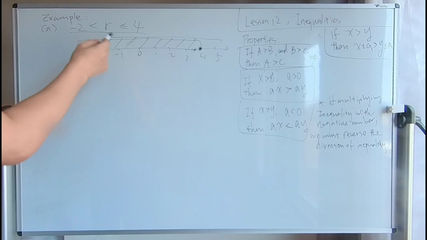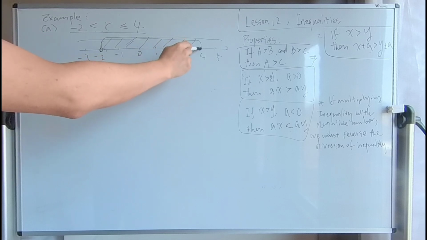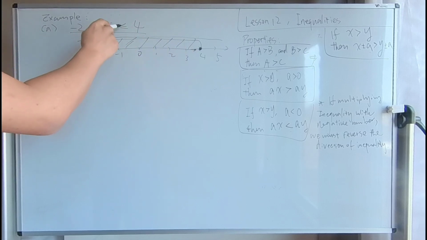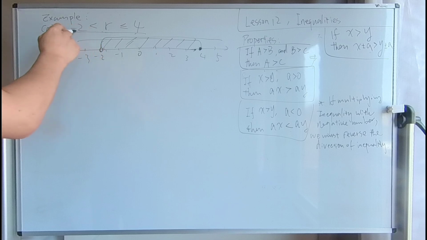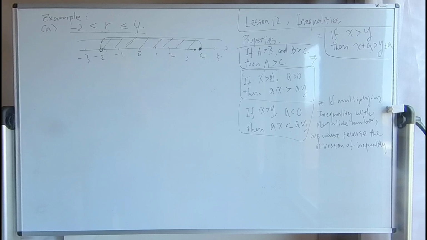For example, 0 is greater than minus 2 and 0 is less than 4, or exactly 4 itself: 4 is less than or equal to 4 and 4 is greater than minus 2. So this common area or intersection is the solution to this inequality.